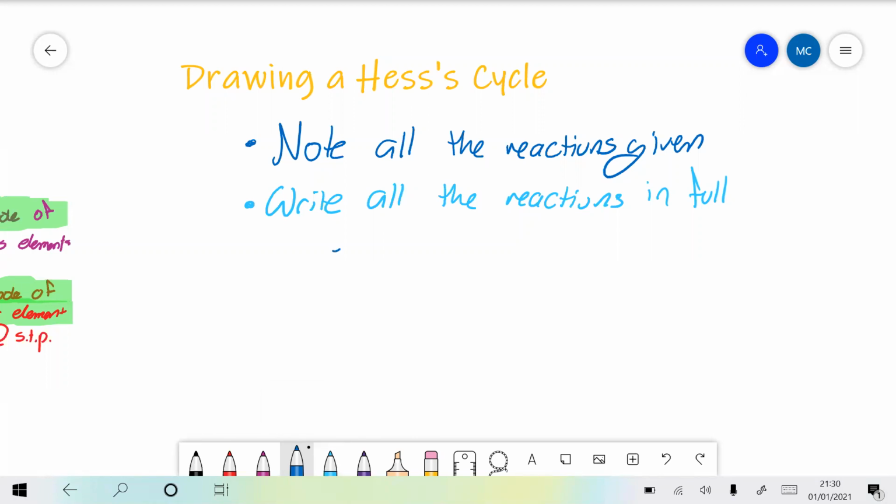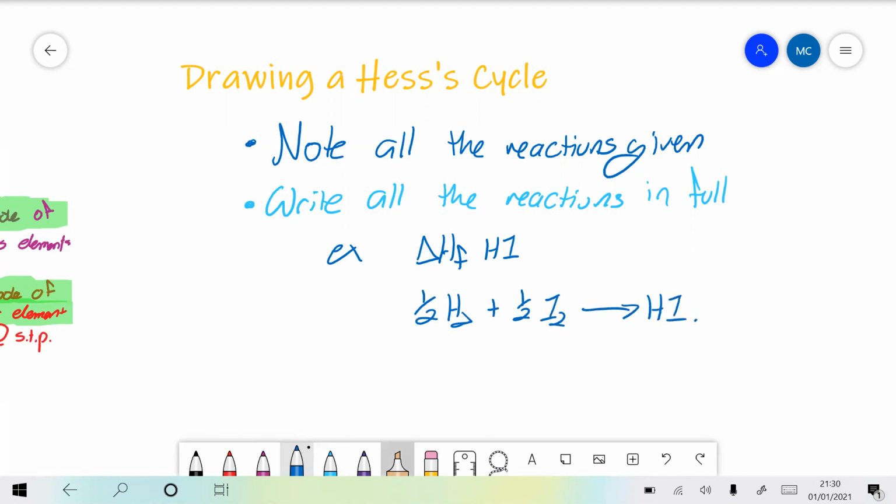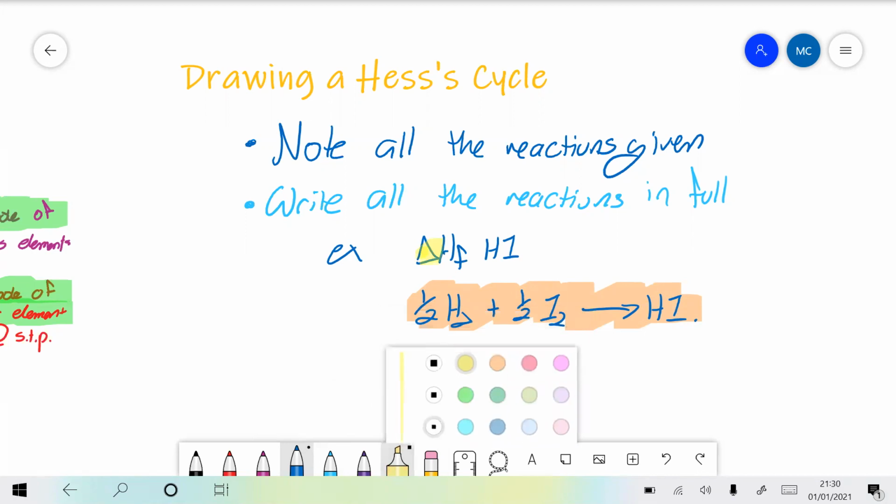For example, delta HF of HI is half H2 plus half I2 to give HI. So this is the reaction in full. This would be the reaction given in your question, the reaction that you would need to note down.